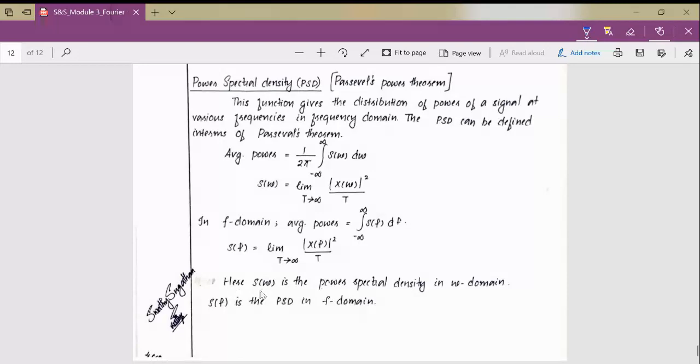S of omega is the power spectral density in the omega domain, that is radians, and this is in hertz. So this is all about the spectral density functions in Fourier transform.